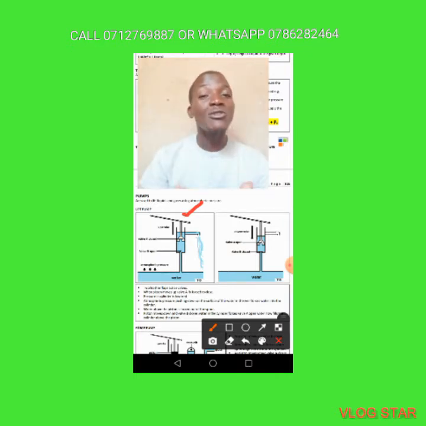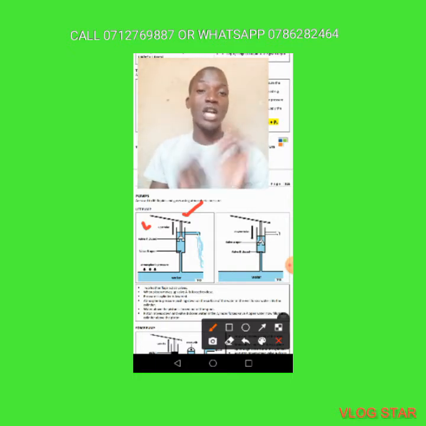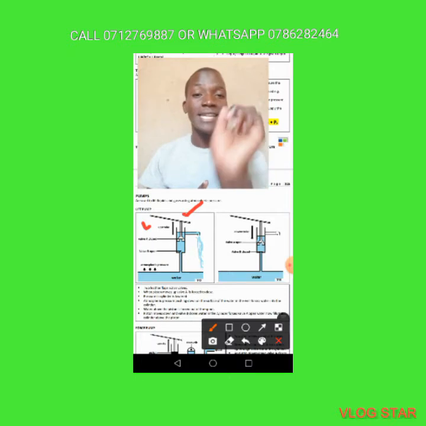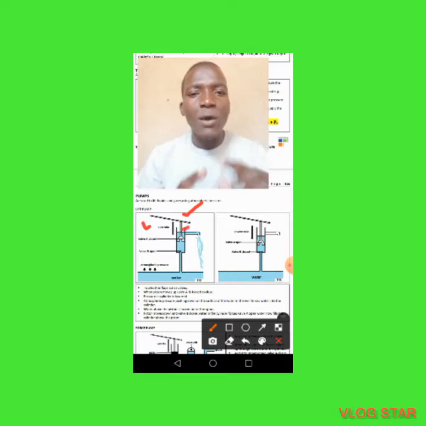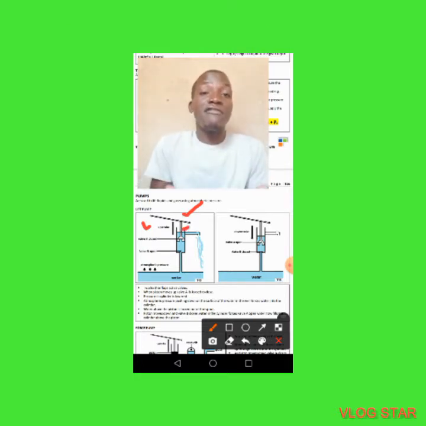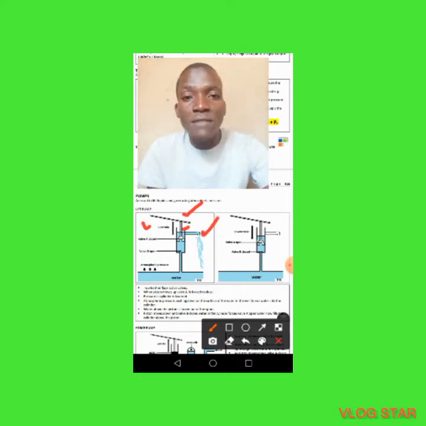And when the piston is moving upwards, the upper valve, valve A, is closed. The water above the upper valve is forced to move out through the spout.